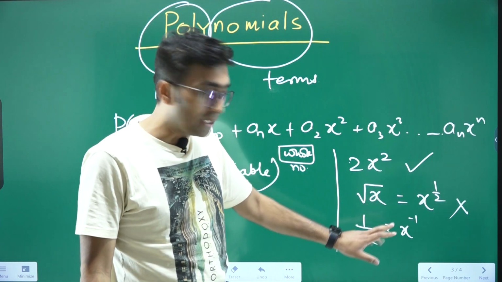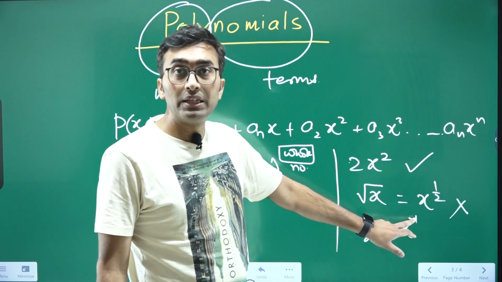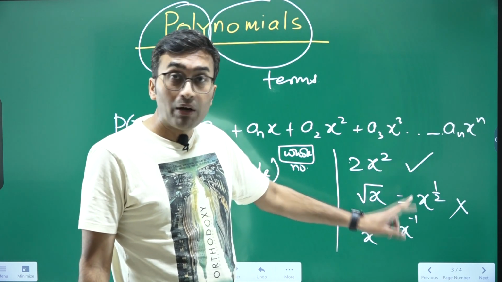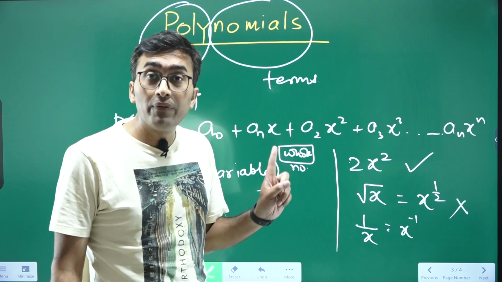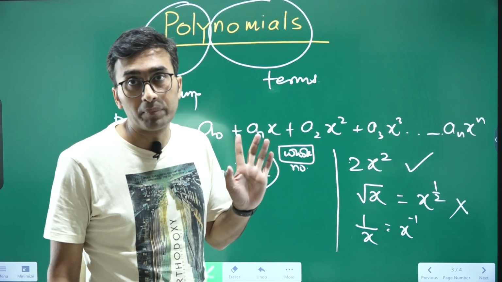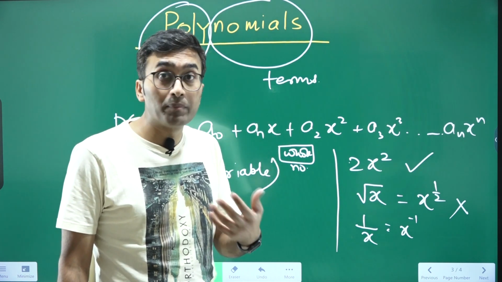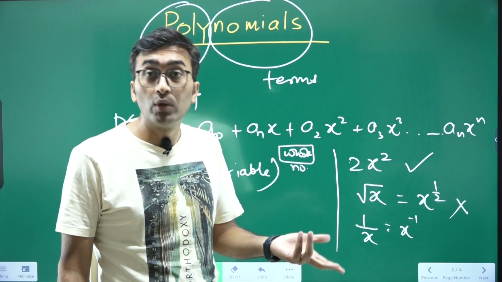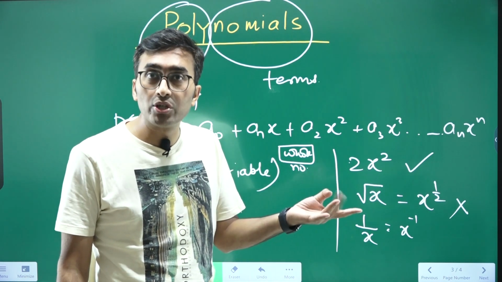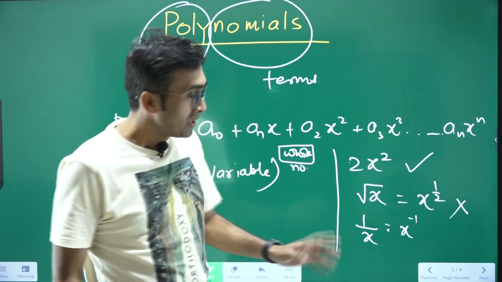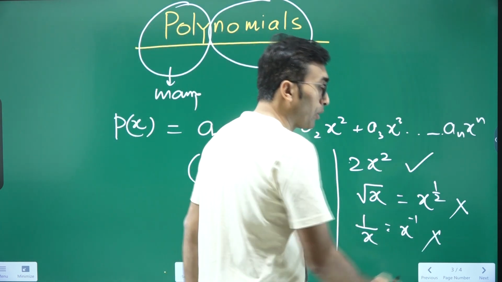What we can observe here, the power of the variable is a negative number, and what I told you, the power should always be a whole number, and we know that whole numbers can never be negative. The whole numbers start from 0, 1, 2, 3 like this way. So this is not a polynomial.